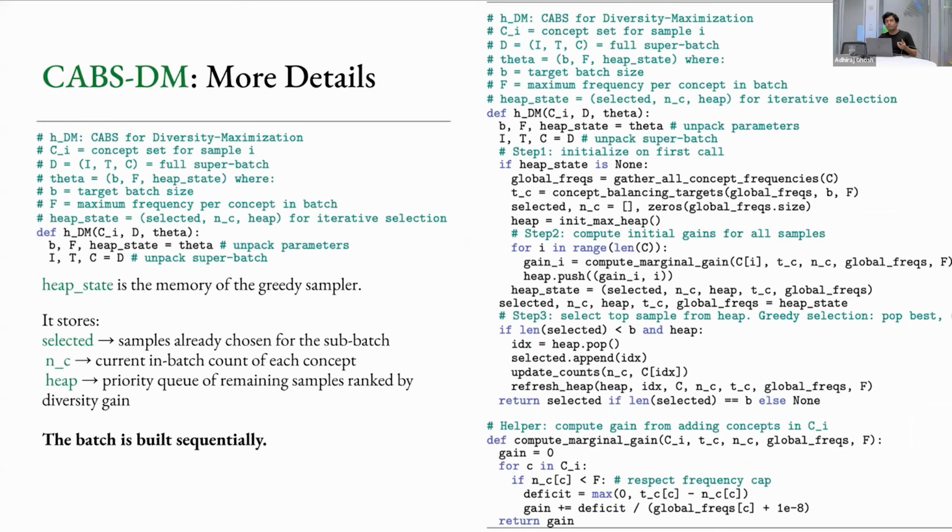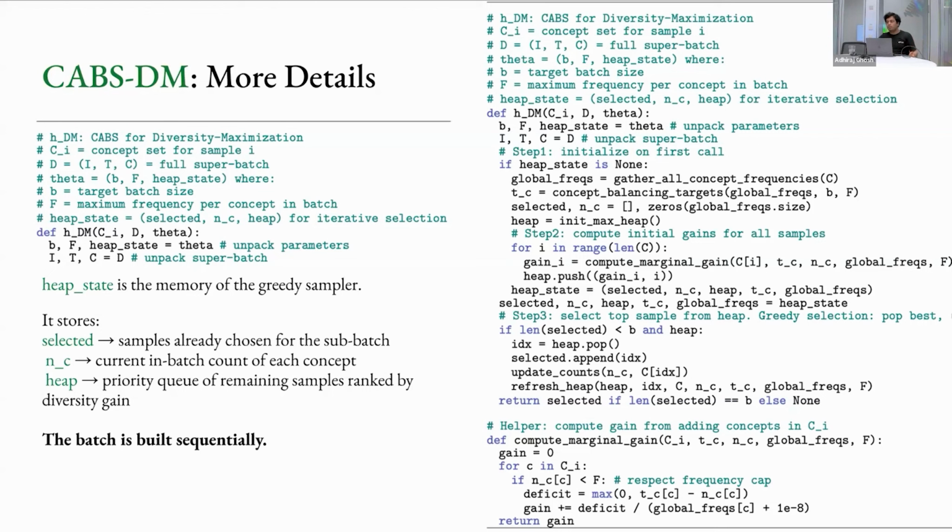So we use a heap that stores the samples that have already been selected and take the concept counts for the selected samples into consideration when deciding the next sample that comes in. This is to ensure that we never go above whatever cap we decide for a concept in a batch. And since we build the batch sequentially, it constantly adapts to whatever sample was initially in it.